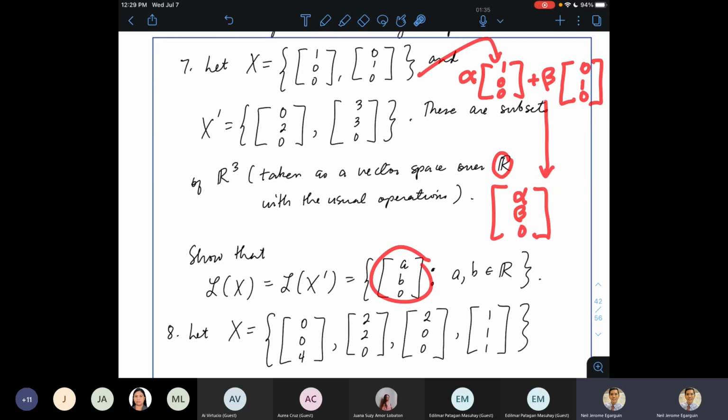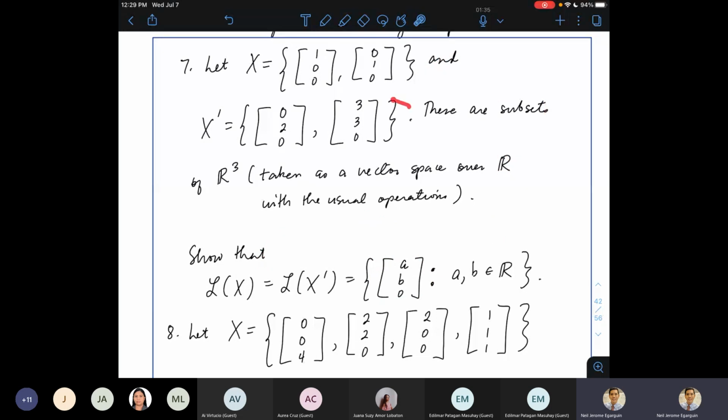And that's how I got that, right? Then it will be a good exercise if you can compute curly L of X prime, and verify that indeed that should be the same thing as curly L of X. So medyo may babaguhin lang kayo na statements doon. All right? It's just an exercise on logic.